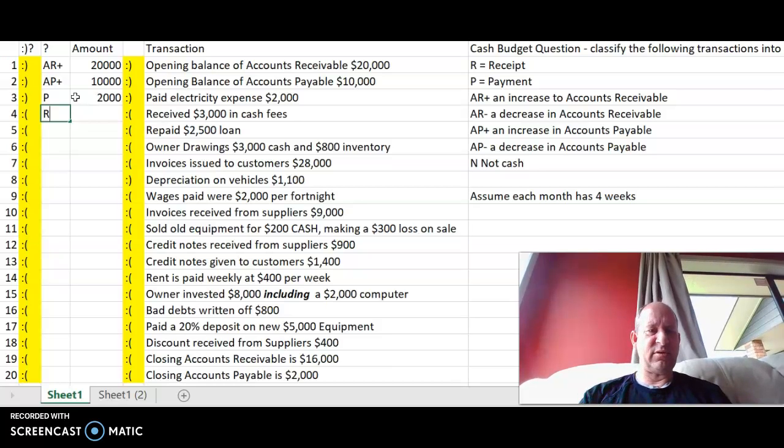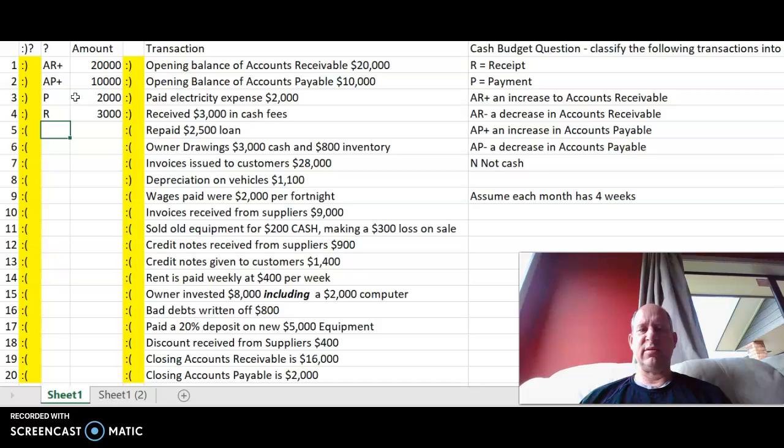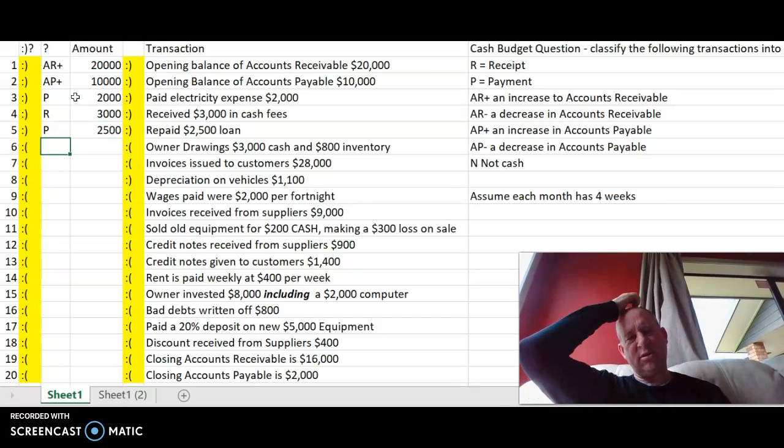Good, so we've received, so we write R, and the amount we received, $3,000 in cash. And last of the easy ones is we repaid $2,500 on the loan. R, P or something else? Pay, good, paid. So $2,500. Then we start some of the tricky ones.